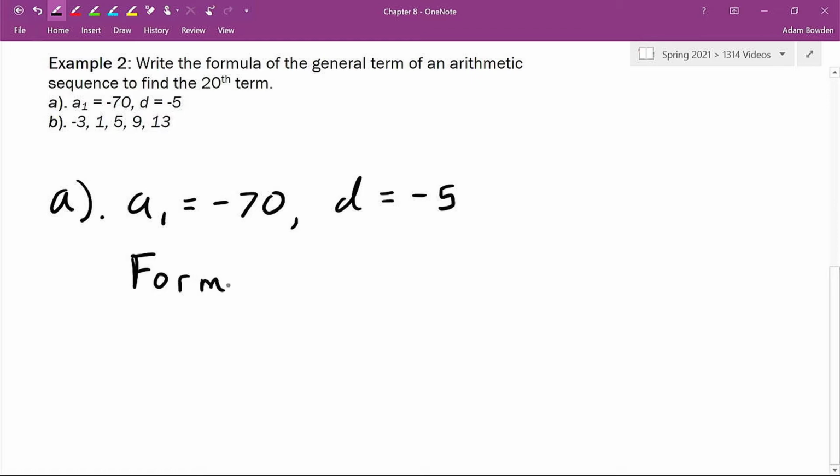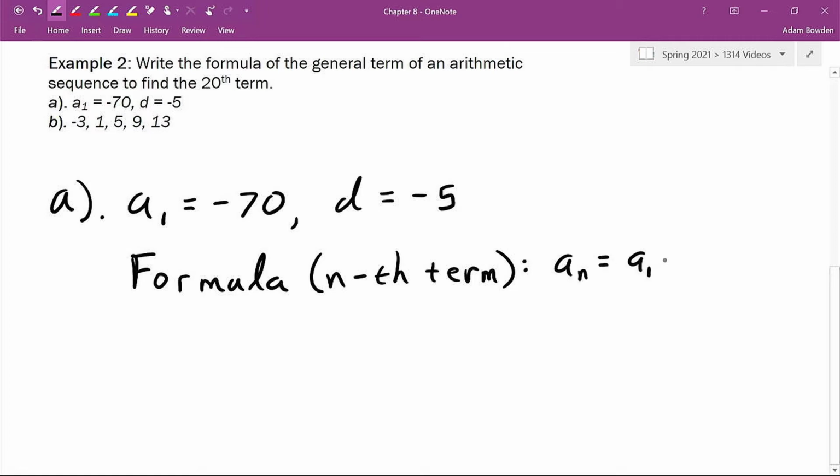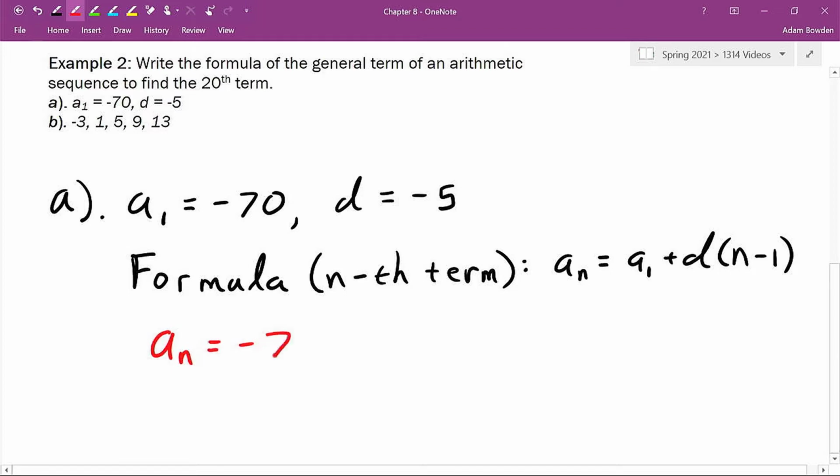And again, the formula for the general term, or nth term, of the arithmetic sequence goes an equals a1 plus d times n minus 1. So for the numbers we have here, the nth term, an, would equal negative 70 plus negative 5 times n minus 1.